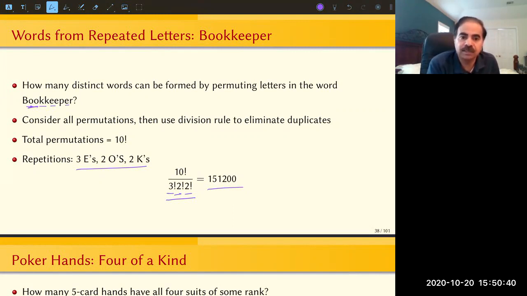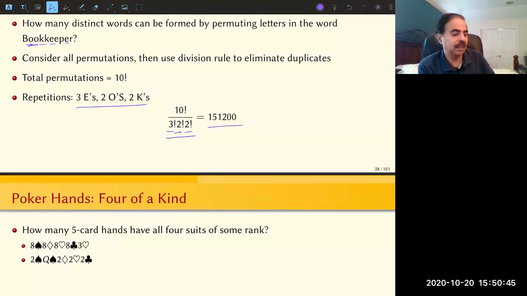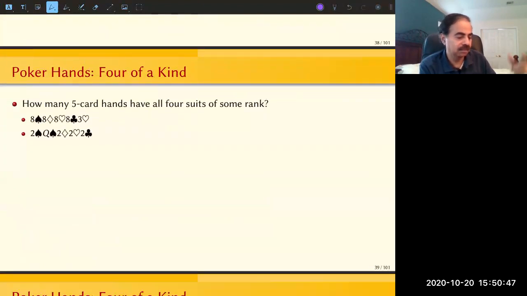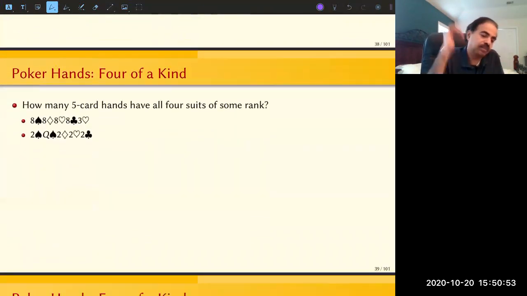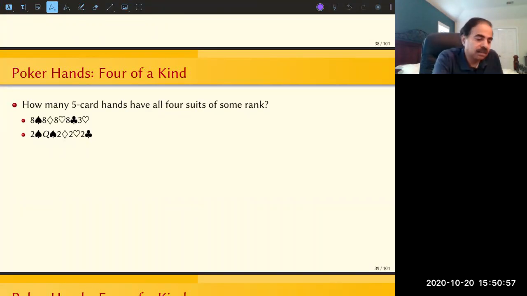Make sense so far? Okay, so let's try to play some poker, right? For those of you who may not be familiar with cards, right?